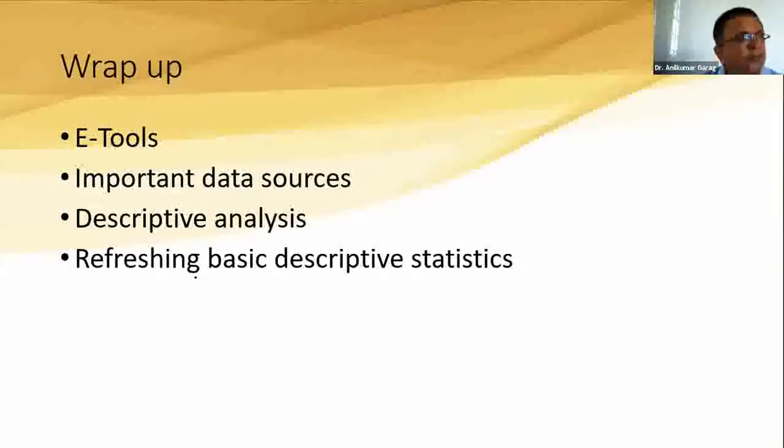Secondly, important data sources. One of the biggest pitfalls of these internet-based data sources, which people have been using, is Wikipedia. Everybody knows that Wikipedia is editable. Anybody with an email ID and with a login ID and a password can edit whatever is written on Wikipedia.